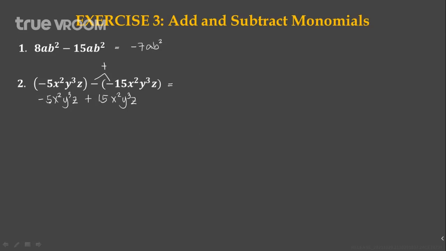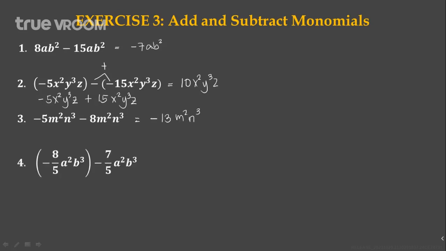So negative 5 plus 15 is equal to what? 10x squared y cubed z. All right. Number 3, negative 5m squared n cubed minus 8m squared n cubed. This is equal to negative 13m squared n cubed. Very good.